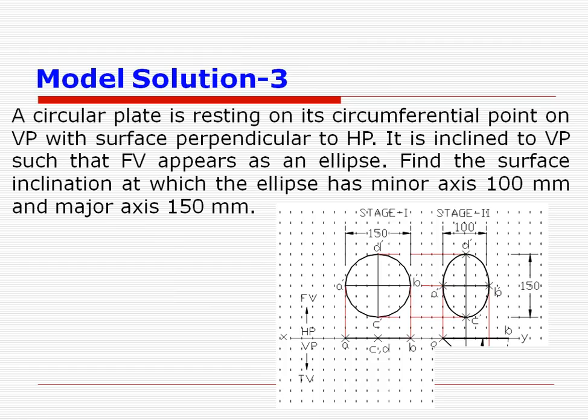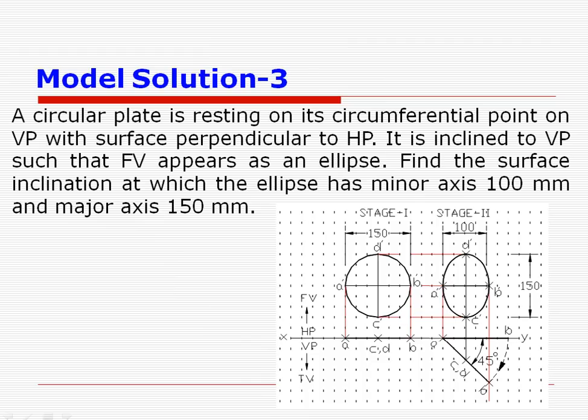So how do we do that? We drop the perpendicular from the endpoints of the minor axis, A and B. So we drop the perpendiculars down here from A and B. From A, the new position of A in the top view will remain the same, whereas for the endpoint B, from the stage 1 position of B, we draw the arc with the center as A and the radius equal to AB.